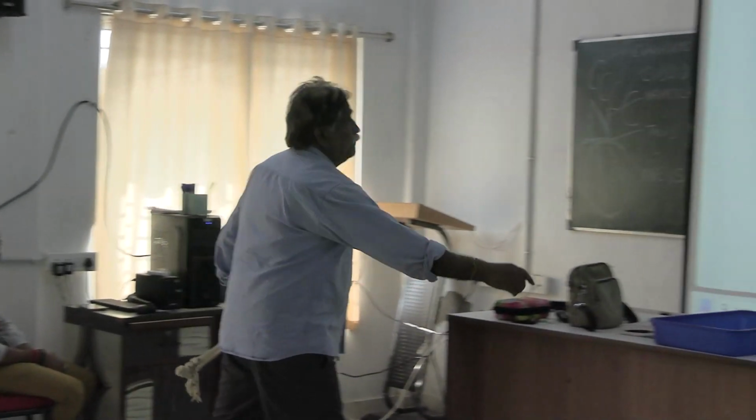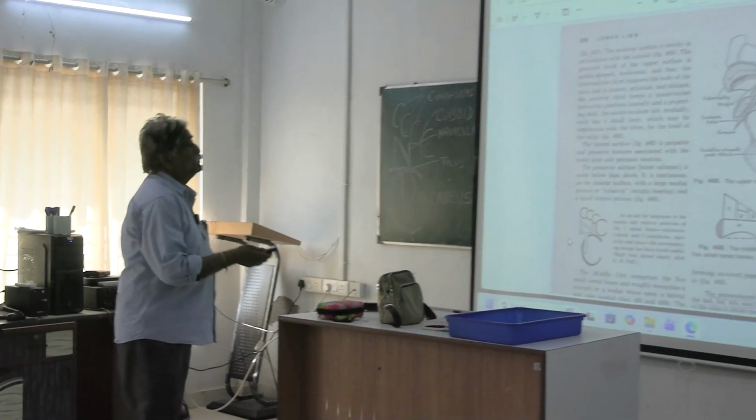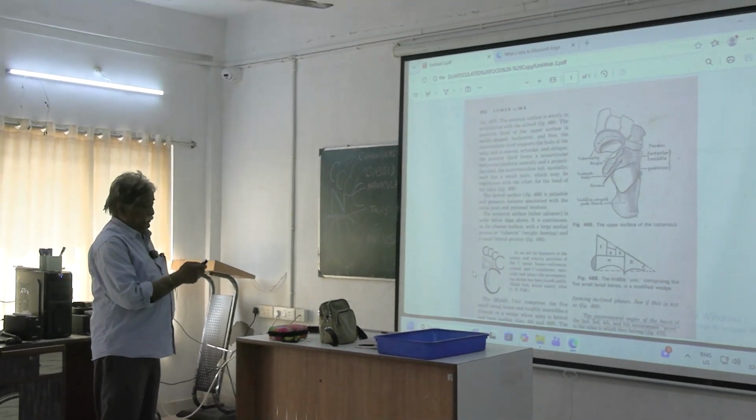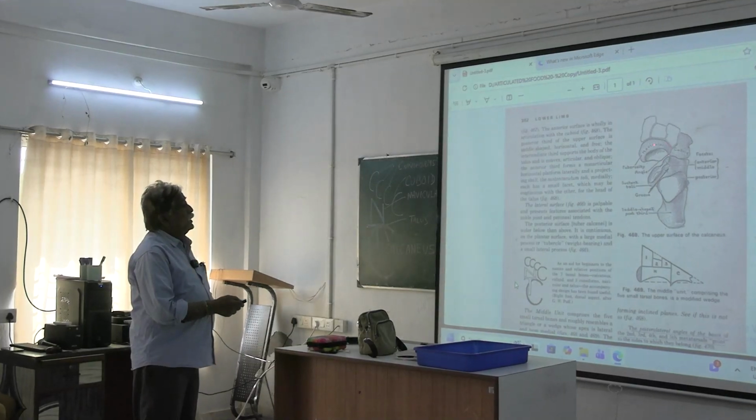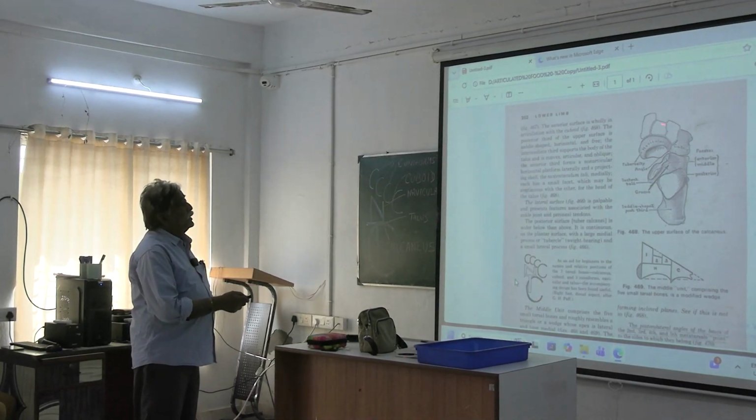Okay. Now you see, this is the Navicular, the three Cuneiforms. This is the Cuboid.